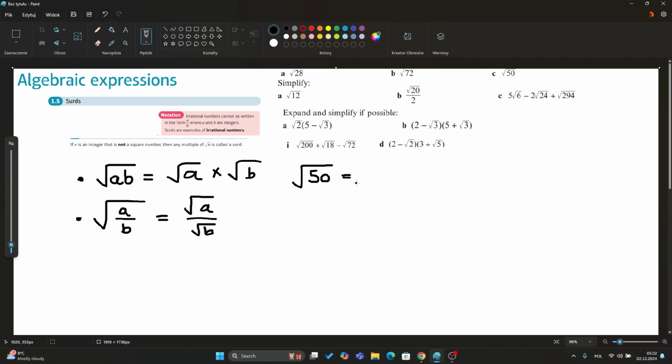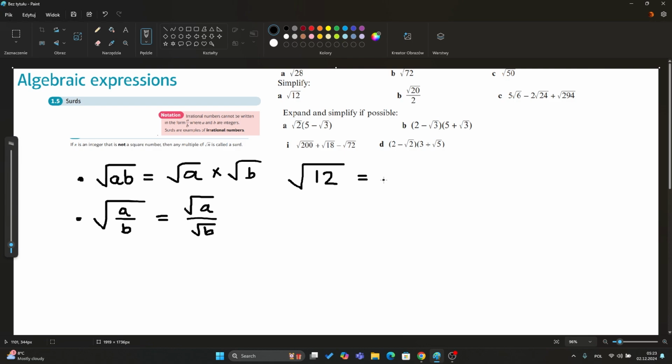Now the square root of 50, we do 25 times 2, because 25 is a square number, the highest we can use, and we separate them into the square root of 25 and the square root of 2 to give us 5 root 2.